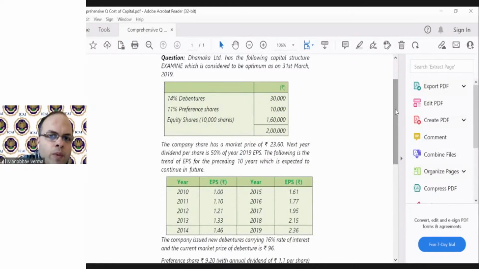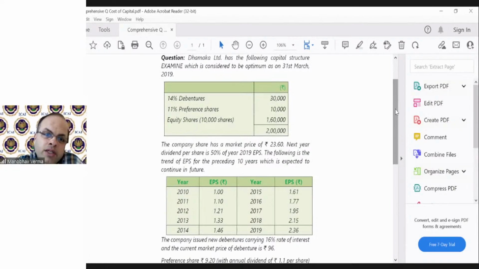We have the following capital structure, which is considered to be optimum as on 31st March 2019. So 14% debentures, 11% preference shares, equity shares 1,60,000, that is total 2 lakhs. The company share has a market price of 23.6.